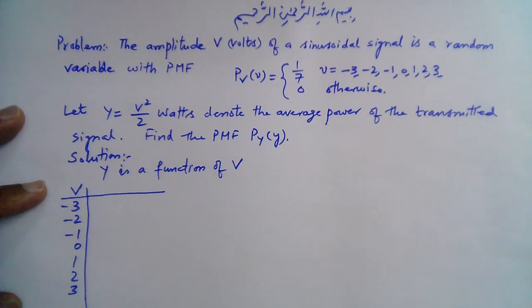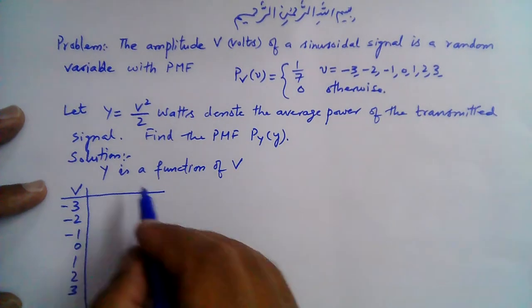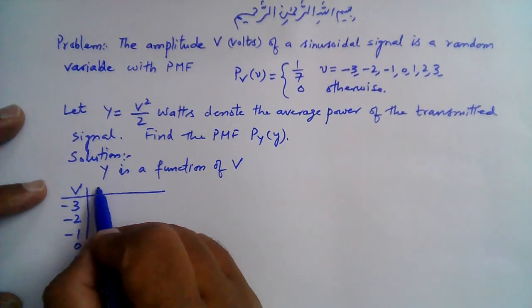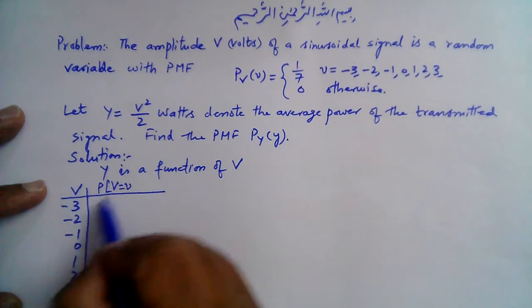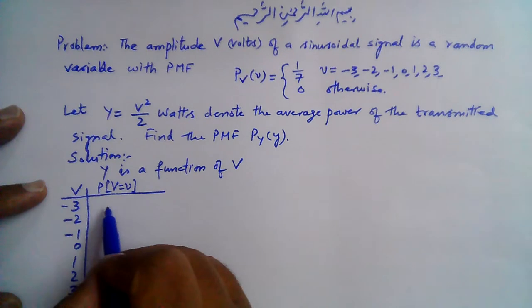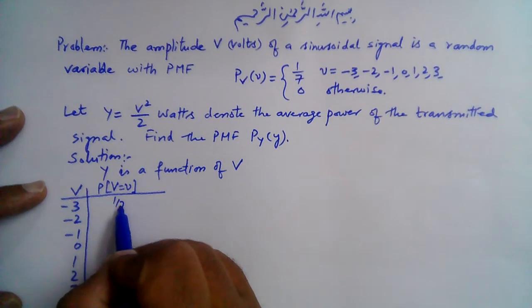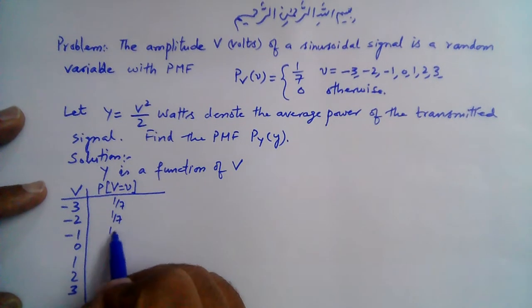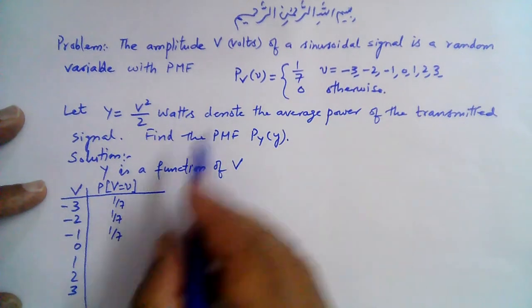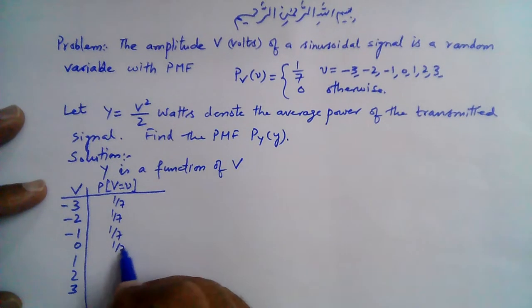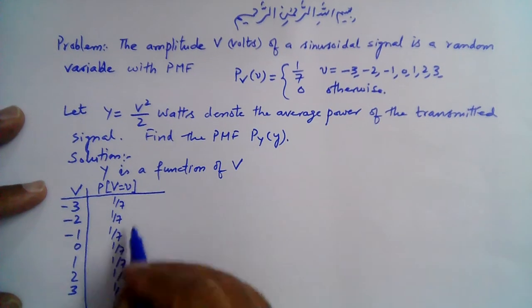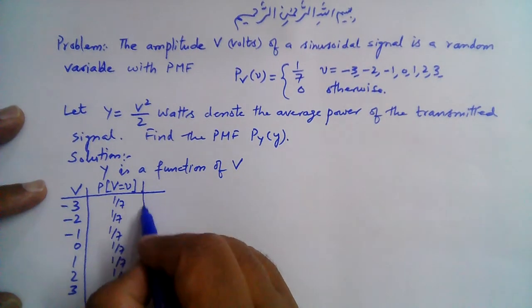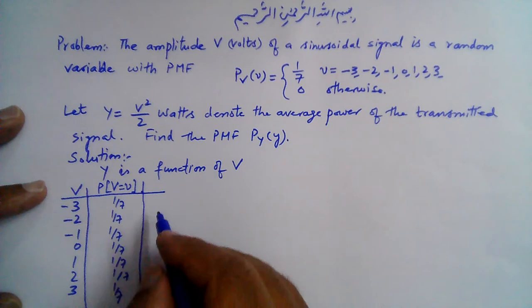These are the values that it can take on, and the corresponding probability that V is equal to these values, small v, the probabilities are all equal. So this is 1 over 7, this again is 1 over 7. For all these values the probability is the same for the random variable V.